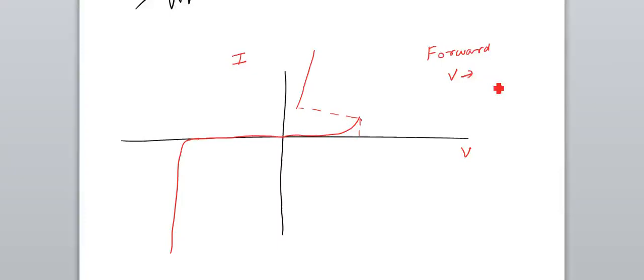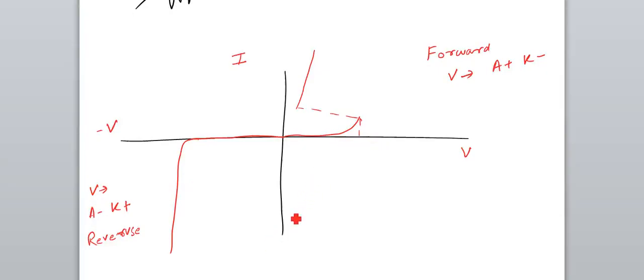For forward polarity, we have anode as positive, cathode as negative. So this is forward. Here negative V is there, so for reverse polarity, anode is negative, cathode is positive. So this is reverse. These are the two polarities which you are seeing here.